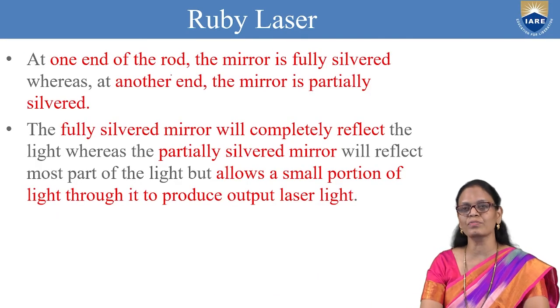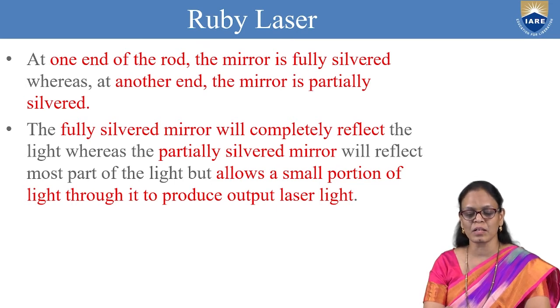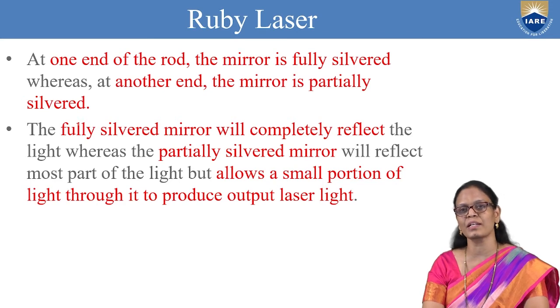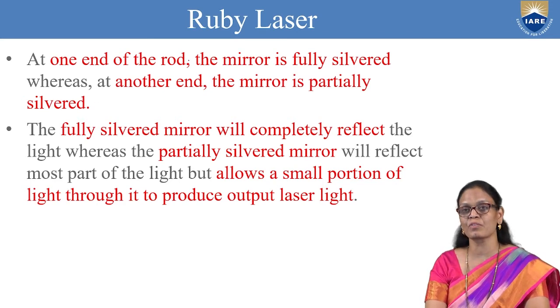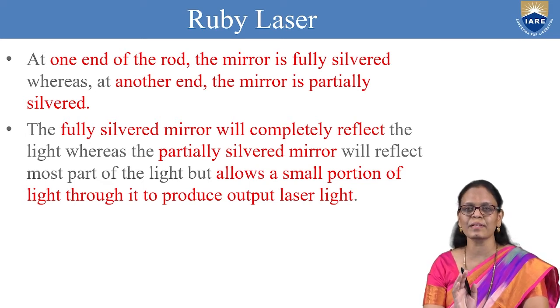Now at one end of the rod, the mirror is fully silvered, whereas the other end is partially silvered. One end is fully silvered, meaning 100% polished or 100% coated, and the other one is partially. Why? What is the reason for that?